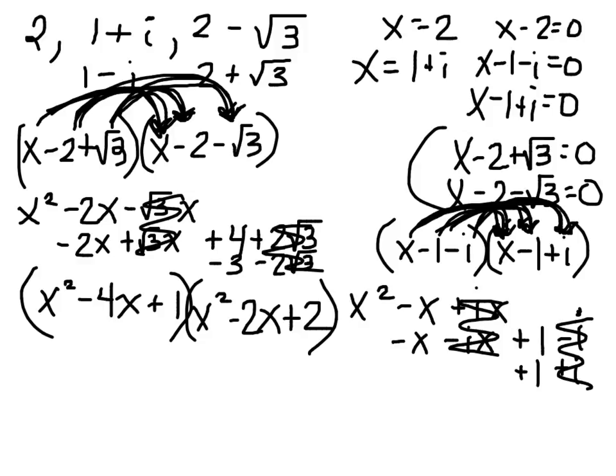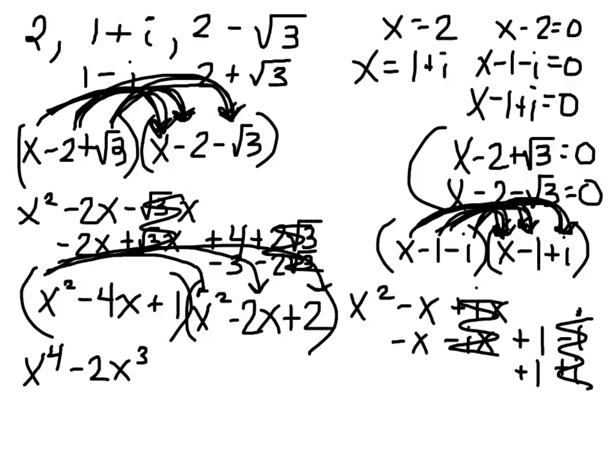Do those 2. Sure. So what's x squared times x squared? X to the 4th. What's x squared times negative 2x? What's x squared times 2? Negative 4x times x squared. Negative 4x to the 3rd.